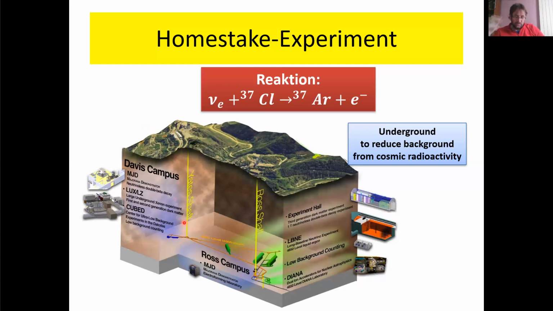This is what is done in the so-called Davis Campus. Well, there's also the Ross Campus, obviously an old mine. We go 1,000 meters down. The European lab, by the way, is in Gran Sasso, which is in the Apennines in Italy. It's mountains that are still 1,500 to 2,000 meters high. There is a motorway going through, and halfway through the mountain there goes a tunnel.